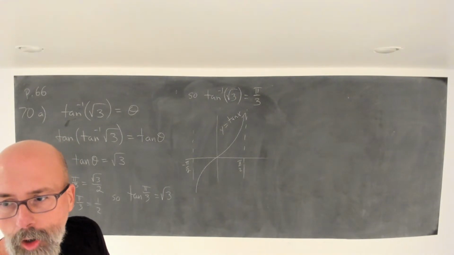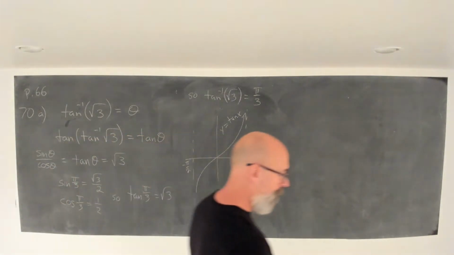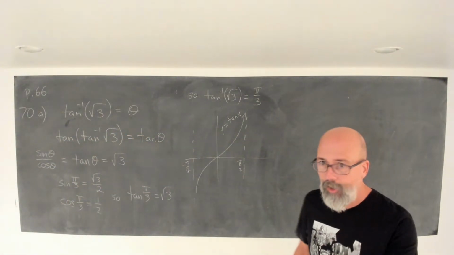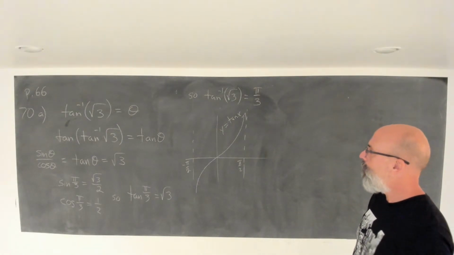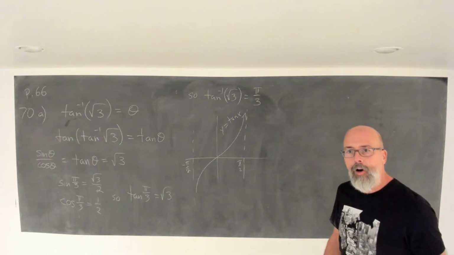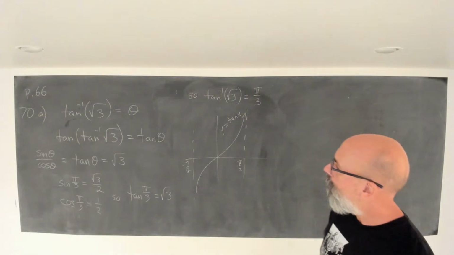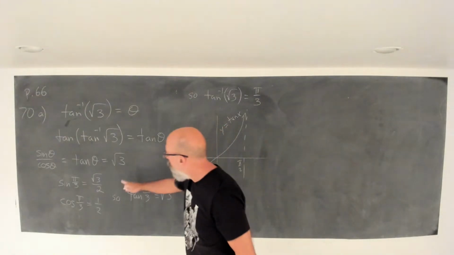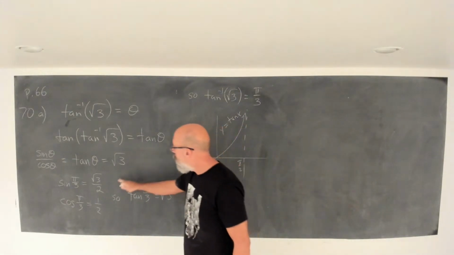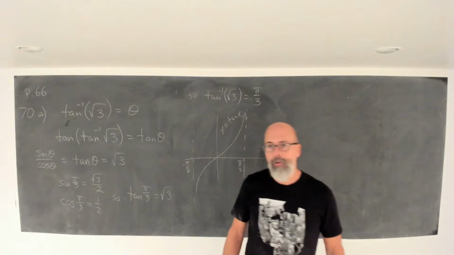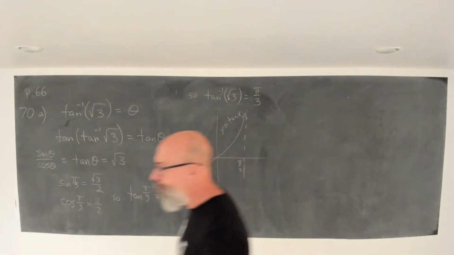If you wanted all solutions, that's where you now have to argue that the tangent function is periodic of period pi, and then you get all the other ones from there. How did you get from line 3 to line 4? Well, that's because you know these special triangles. You know sine and cosine of certain angles.